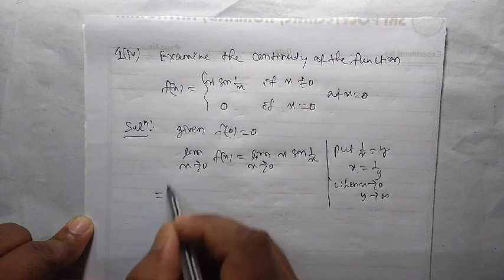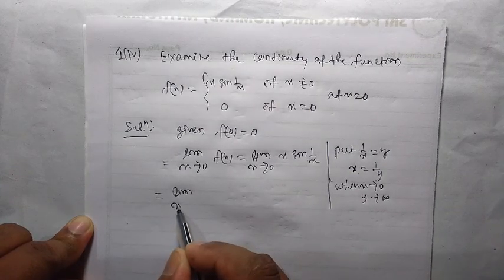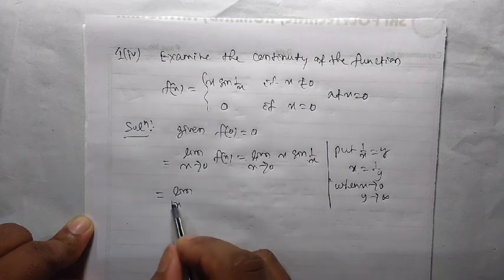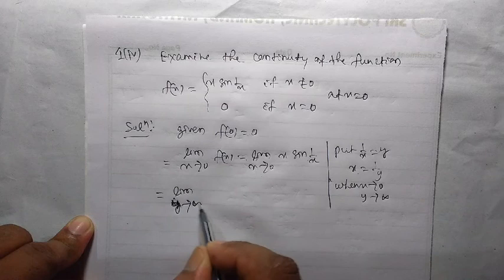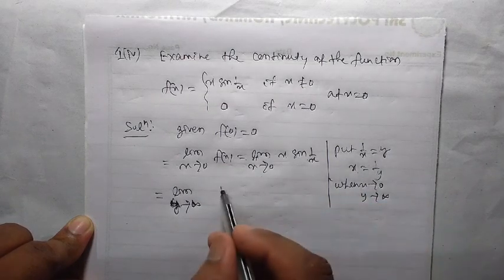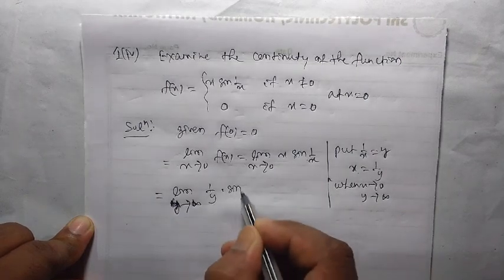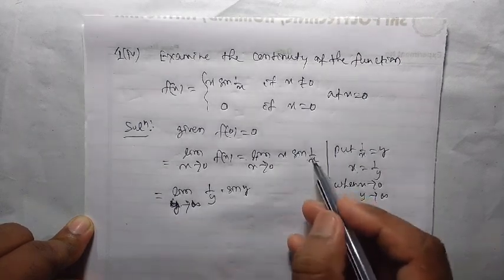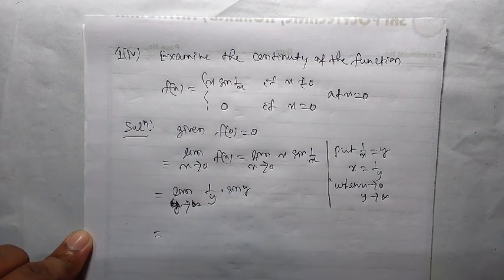Here limit y tends to infinity. In place of x I can write 1 by y sin y, because I have taken 1 by x is equal to y.